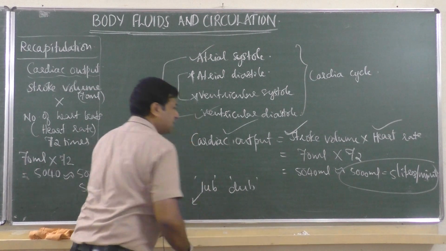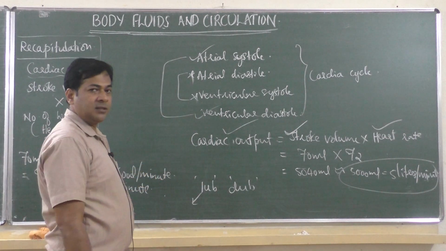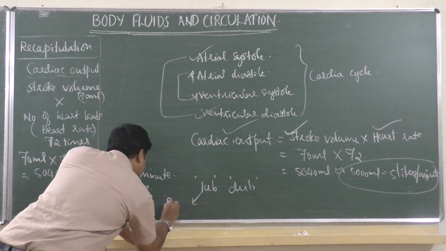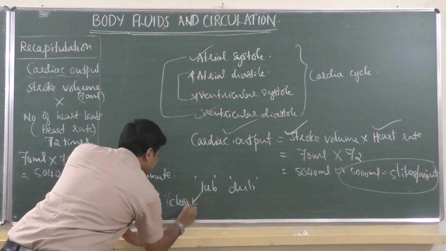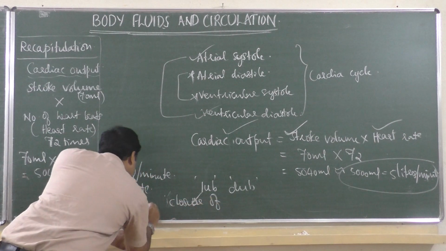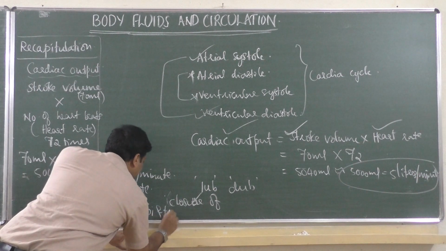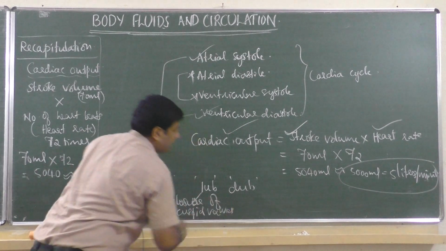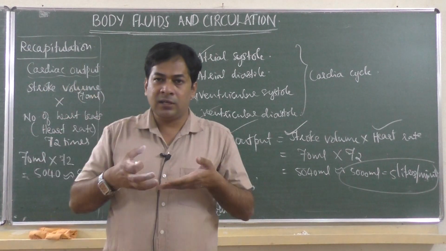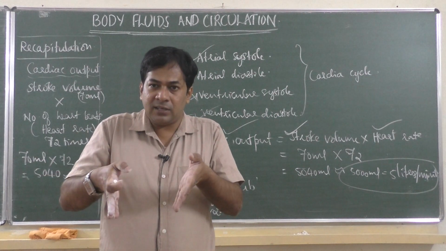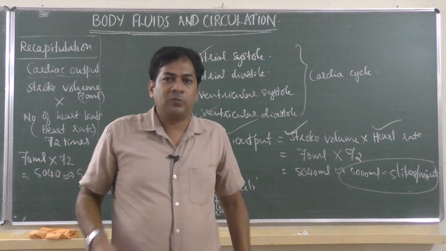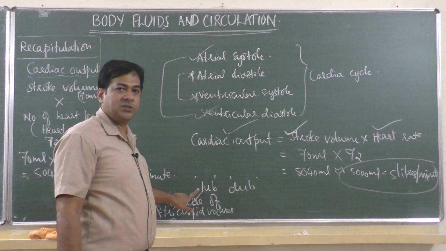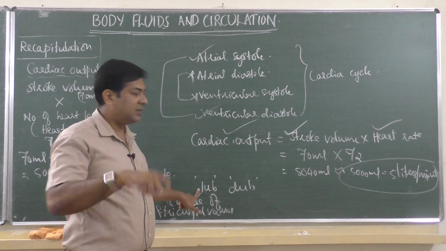The lub sound is when the bicuspid and tricuspid valves close. When the auricle pumps blood to the ventricle, the valves close. So when the bicuspid and tricuspid valves close, it produces the sound lub. Then in the stethoscope you can hear it.